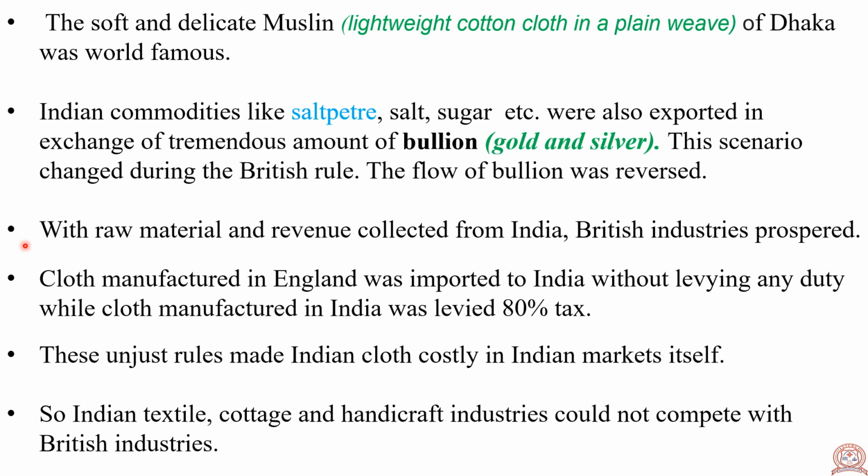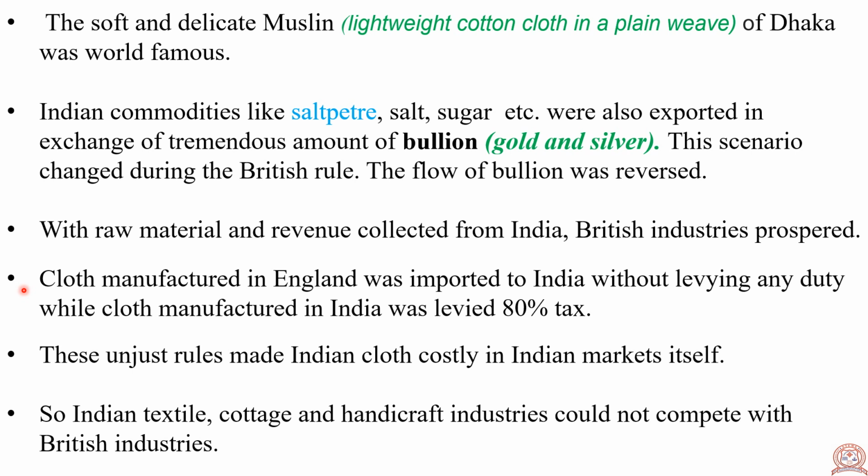With raw materials and revenue collected from India, British industries prospered. Cloth manufactured in England was imported to India without levying any duty, while cloth manufactured in India was levied 80% tax.